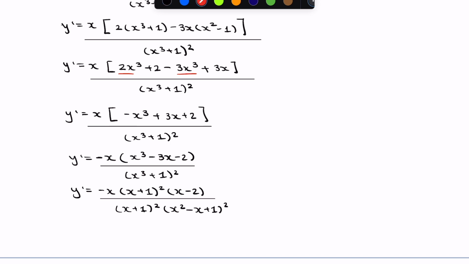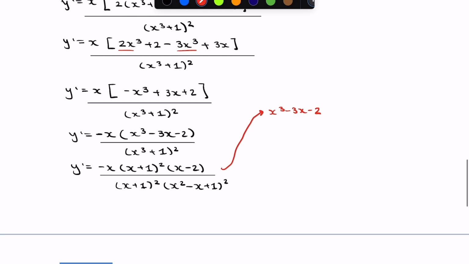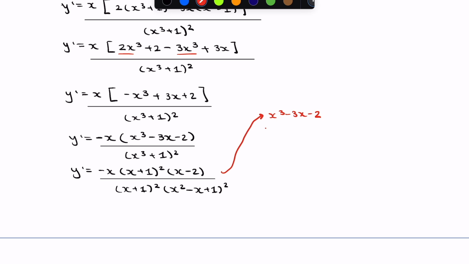Okay, and if we look at this over here, so again, x cubed minus 3x minus 2, we can factor that to be equal to x plus 1 times x squared minus x minus 2, and then we can simplify the x squared minus x minus 2, so that'd be x plus 1 times x minus 2.